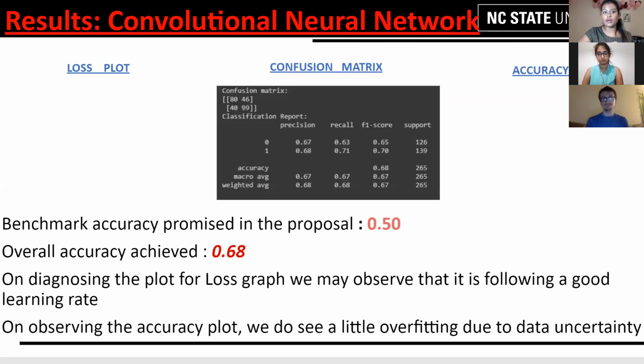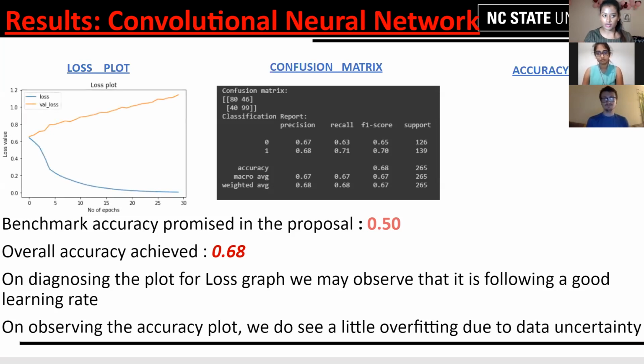We got an accuracy of 68% when we trained our network. When we observe the loss plot, we can see that the training loss decreases, and a proper learning rate has been employed. We believe this has happened because of the reduce on plateau callback that we employed.